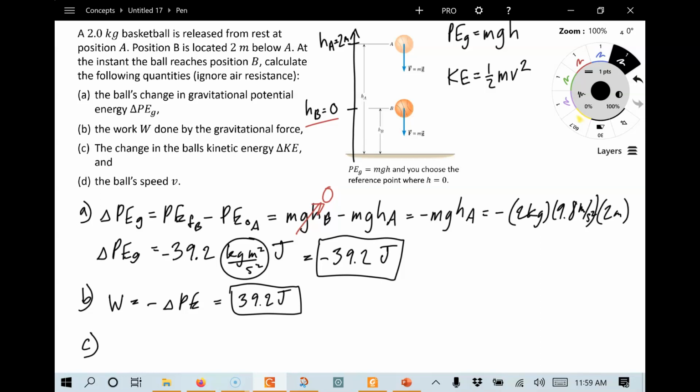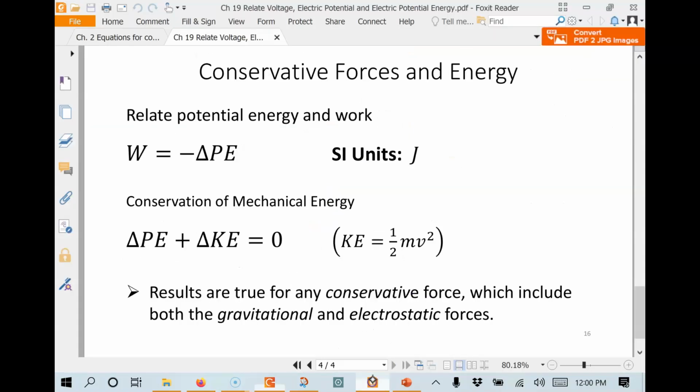Let's look at part C. Part C says, calculate the change in the ball's kinetic energy. All right, let's go back to that sheet we looked at a second ago. Gravity is a conservative force, which means that we have conservation of mechanical energy. It says that the total mechanical energy, which is the sum of the potential plus the kinetic, equals a constant value. In other words, delta PE and delta KE must cancel out exactly.